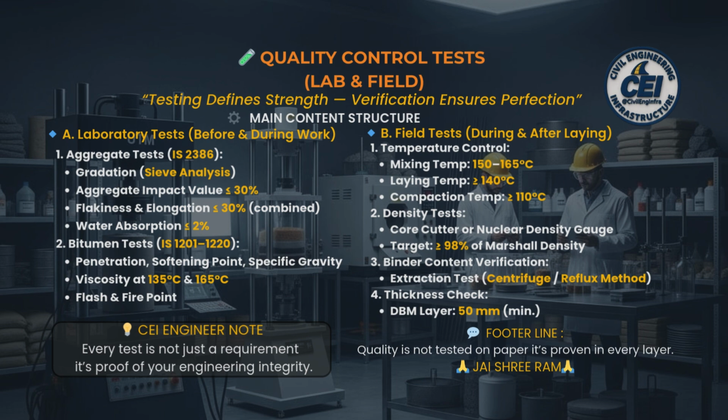B. Field tests. Temperature control: mixing 150-165 degrees C, laying greater than or equal to 140 degrees C, compaction greater than or equal to 110 degrees C. Density, 98% of Marshall density. Binder content, verified by centrifuge reflux method.